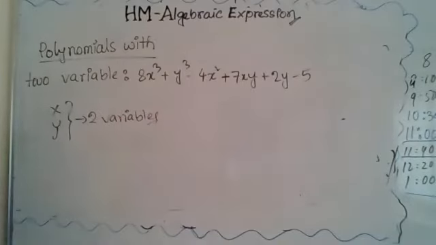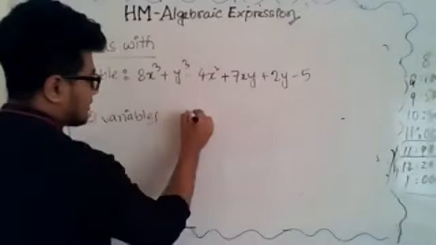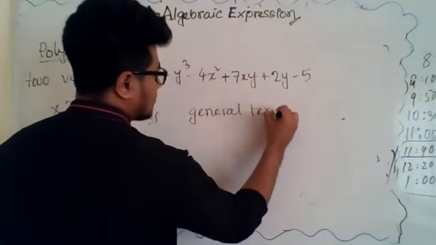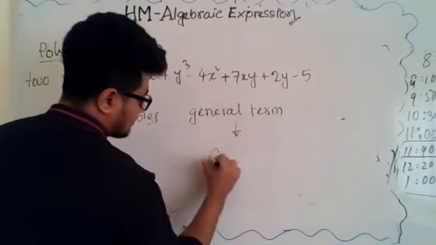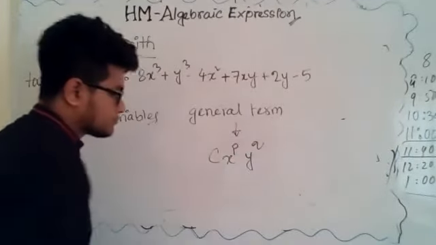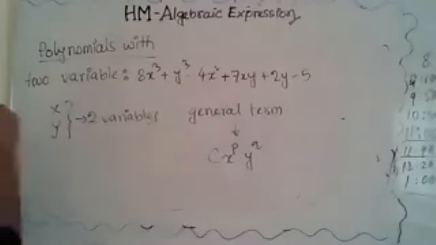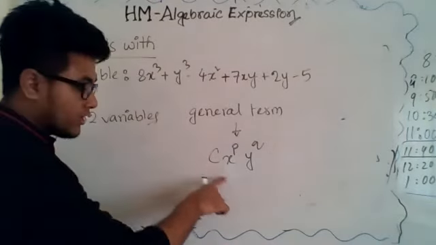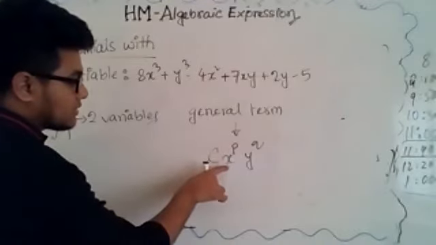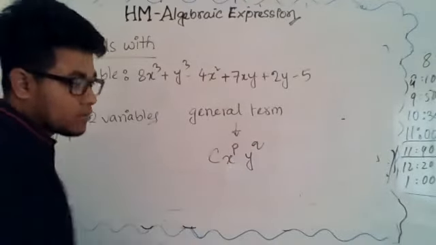Now, here the general term will be c x to the power p and y to the power q. Understood? C is the coefficient, as you know, x is the variable, y is the variable, p is the power of x, and q is the power of y.